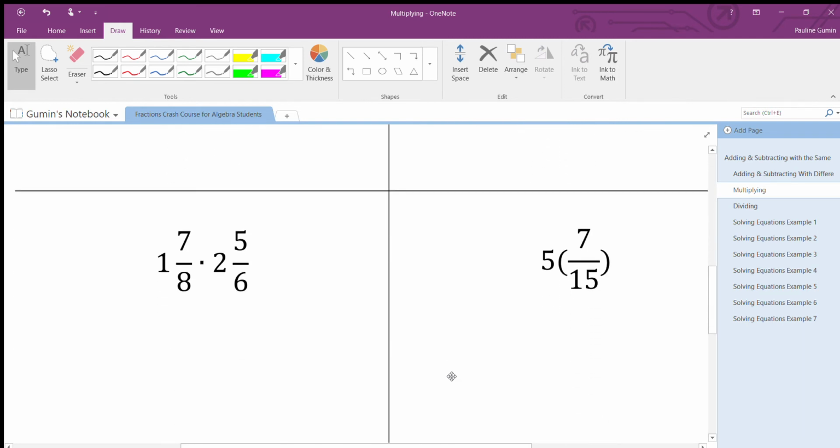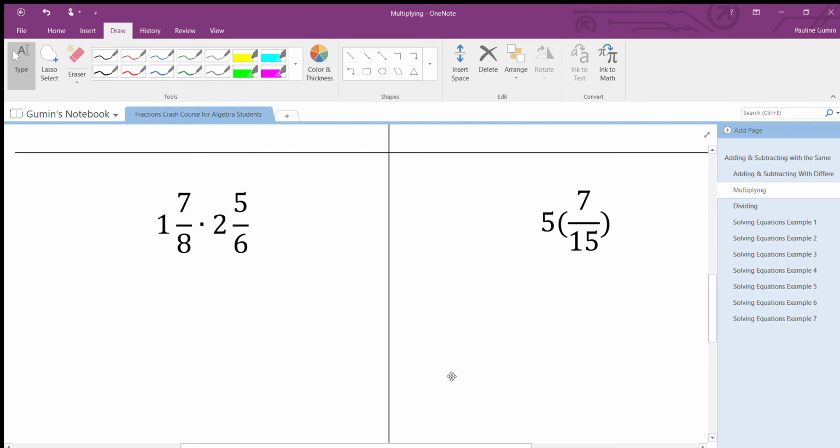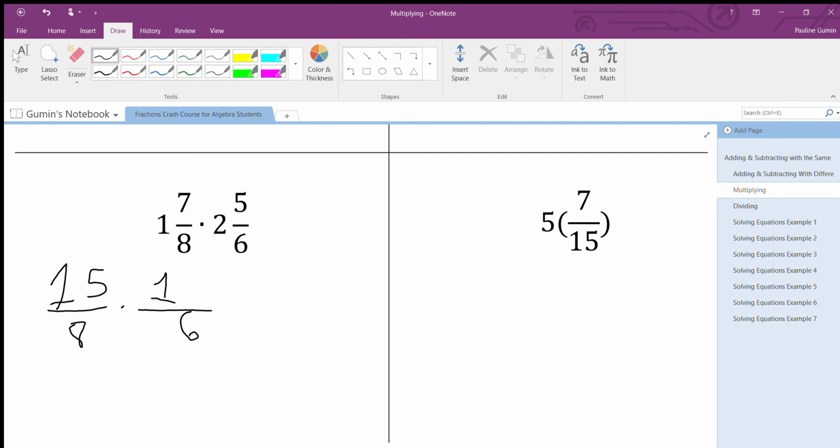All right. Multiplying mixed numbers requires us to turn them into fractions. So let's do that. Okay. 8 times 1 is 8 plus 7 is 15. 2 times 6 is 12 plus 5 is 17.